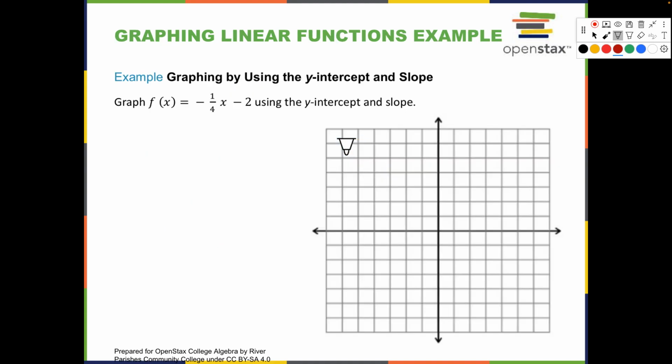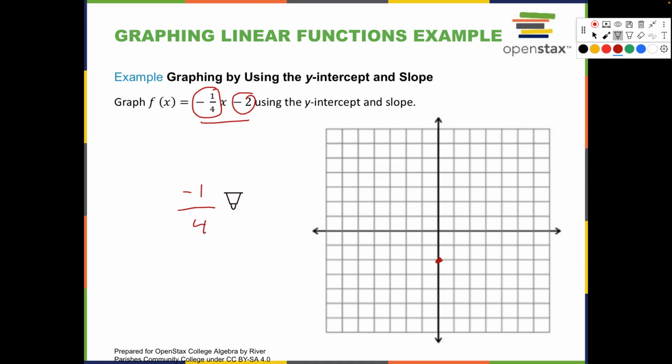You can get there. What if they gave us the equation and asked us to make a graph of it? The y-intercept is -2, then go down 1/4 from there. Then we can use the slope. It's negative, so you could do the negative either way you want. Down 1/4.